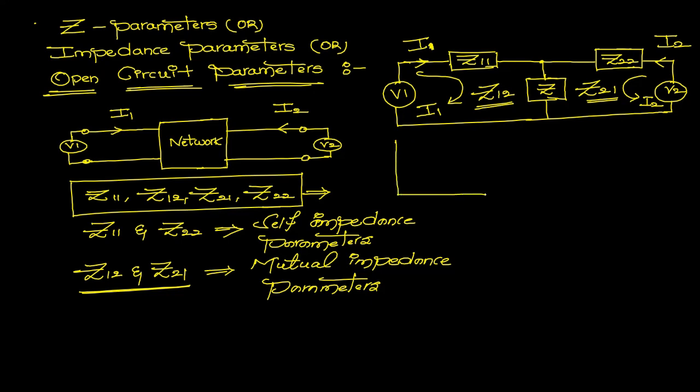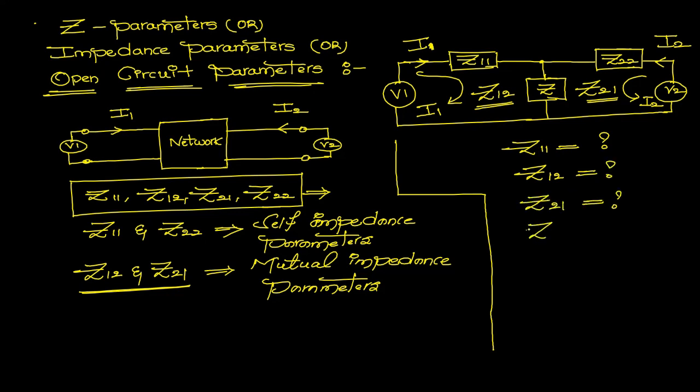Now our target is to find the values of all these parameters: what is the value of Z11, what is the value of Z12, what is the value of Z21, and what is the value of Z22. So how are we going to get all these impedance parameters from any network? This is our question.